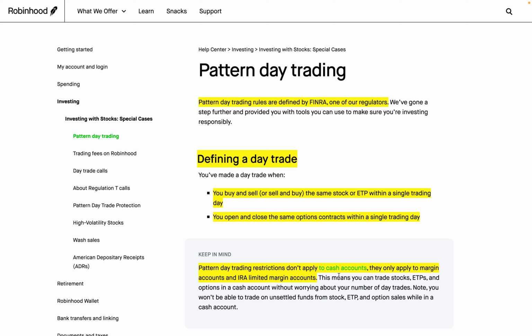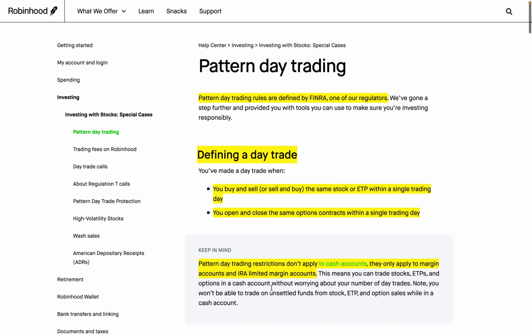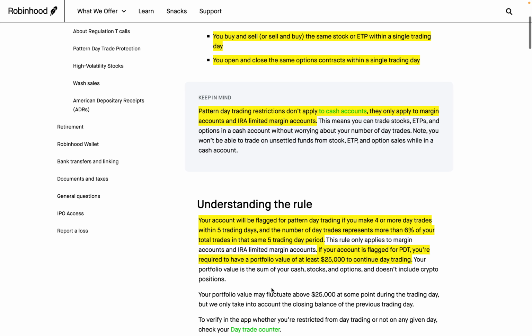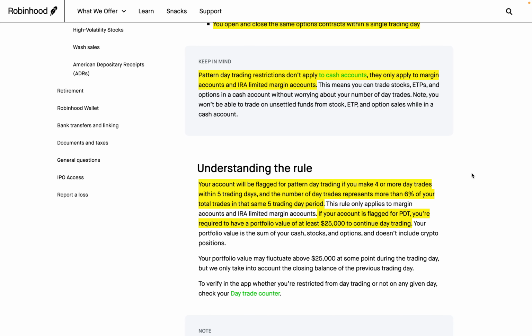But PDT rules don't apply to cash accounts. They only apply to margin accounts and IRA limited margin accounts. They also don't apply if you have a portfolio value of at least $25,000. So what actually is the PDT rule?